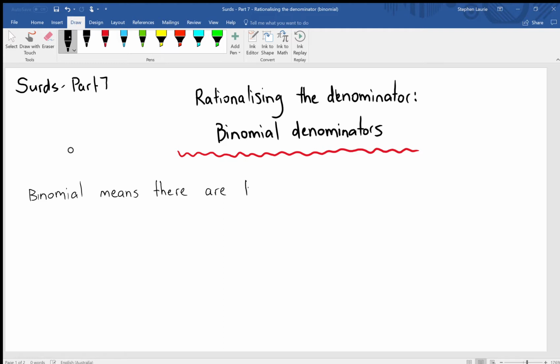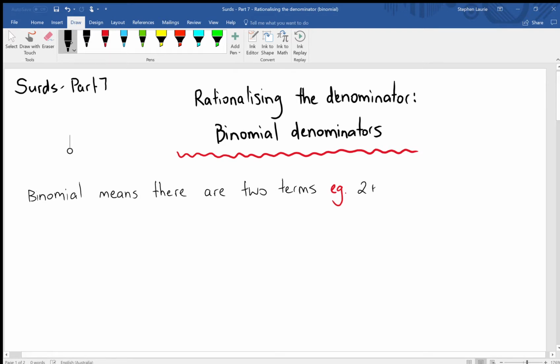So what are some examples of two terms that we might see? 2 plus root 3, or 5 take away root 2, something like that.